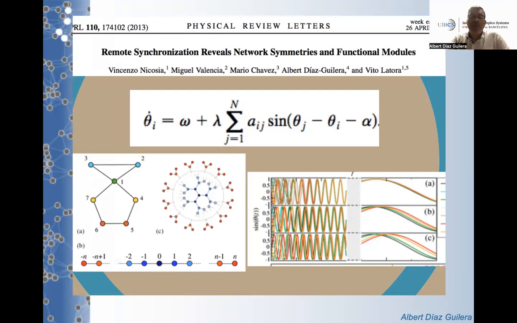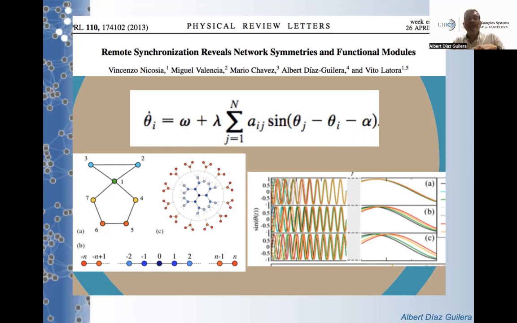The only point is that we introduce this parameter alpha, called the frustration parameter. Here we have exactly the same frequency for all the oscillators, and this frustration parameter makes the synchronized state no longer an attractor of the dynamics.